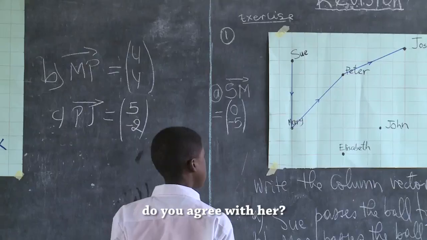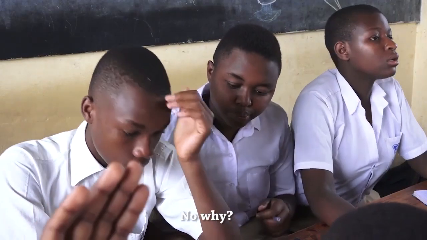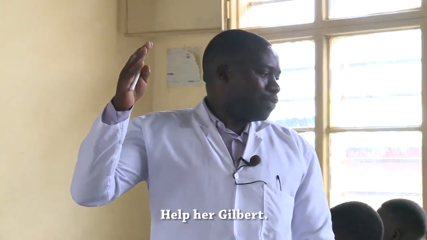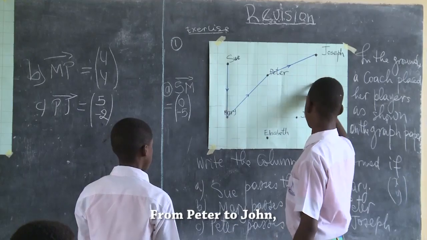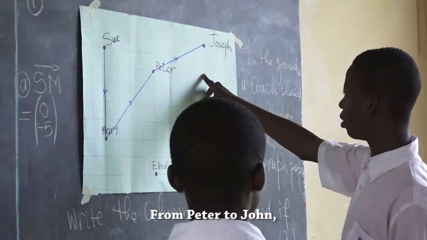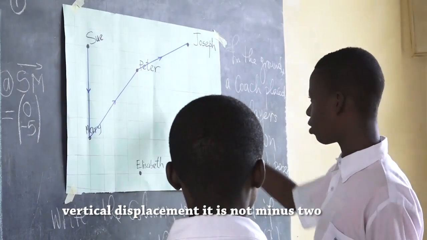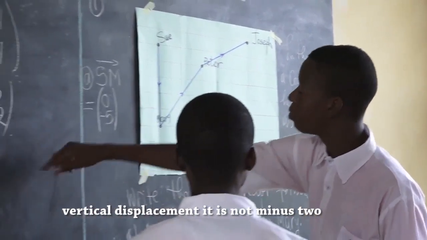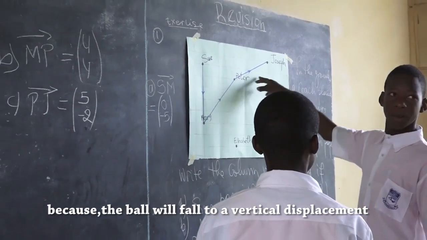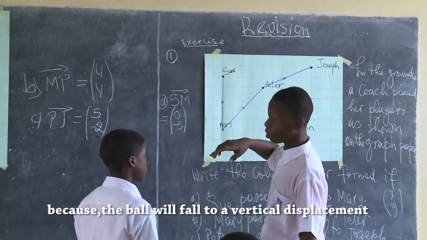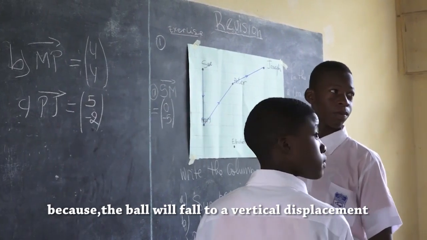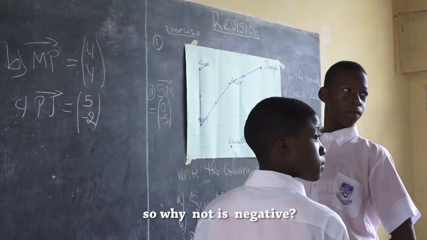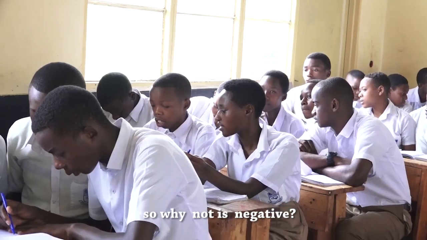Do you agree with her? No. Why? Who can help her? Gilbert. From Peter to Joseph, the vertical displacement is not minus 2 because the ball is not going down.